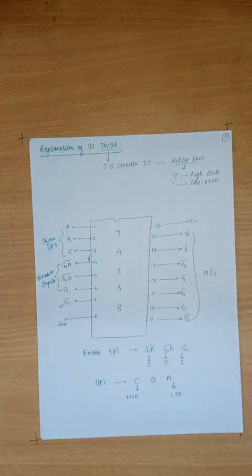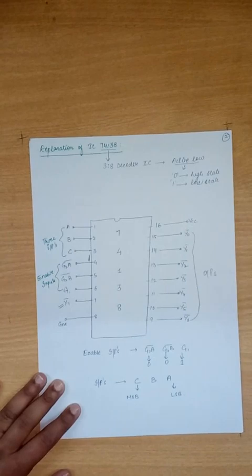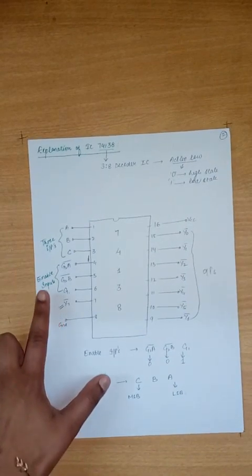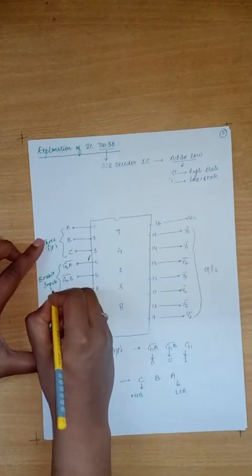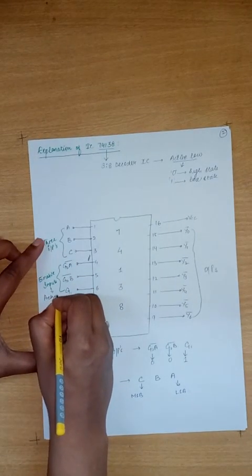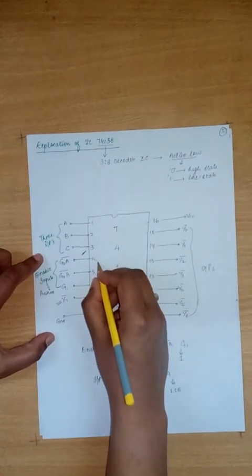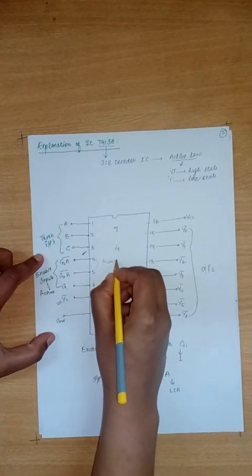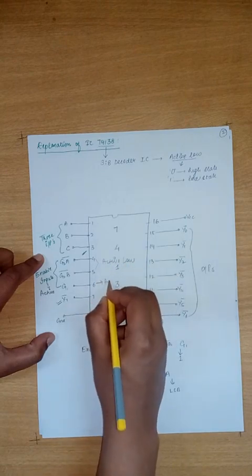One more point for this IC is that pin numbers 4, 5 and 6 are known as enable inputs. Enable inputs means they are my active inputs, and especially pin numbers 4 and 5 are known as my active low pins, whereas pin number 6 is known as my active high pin.